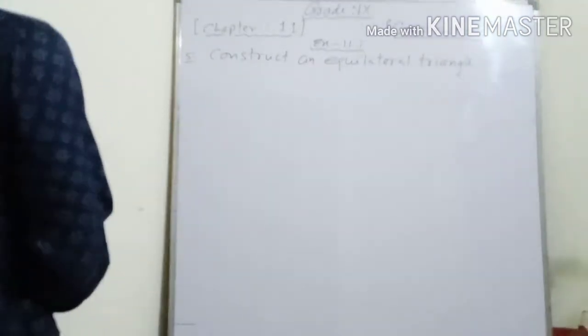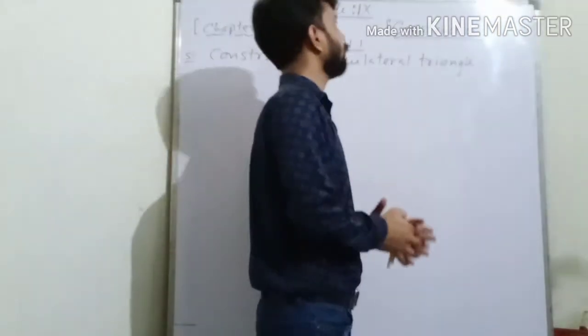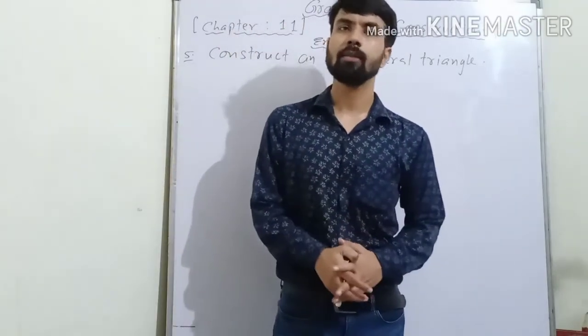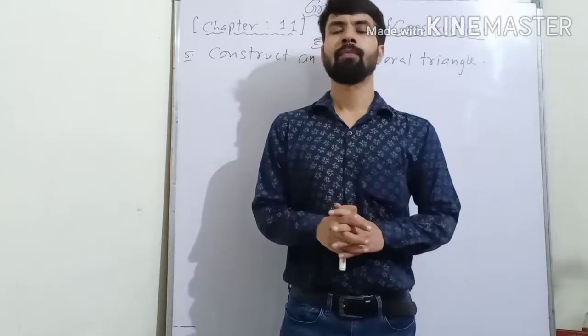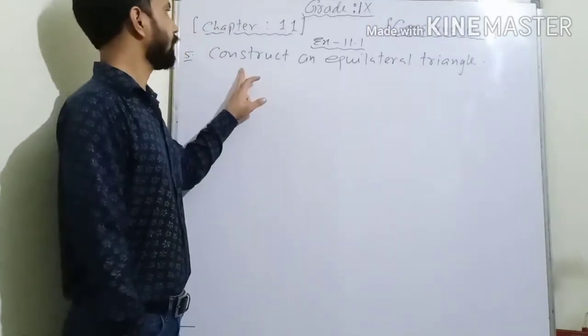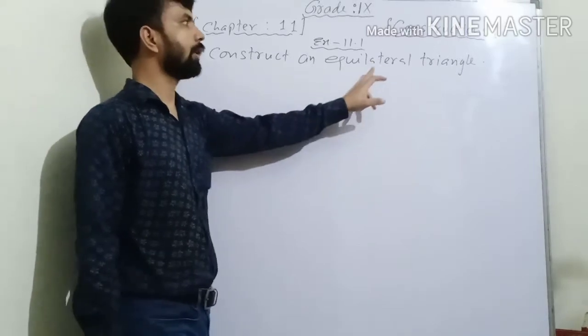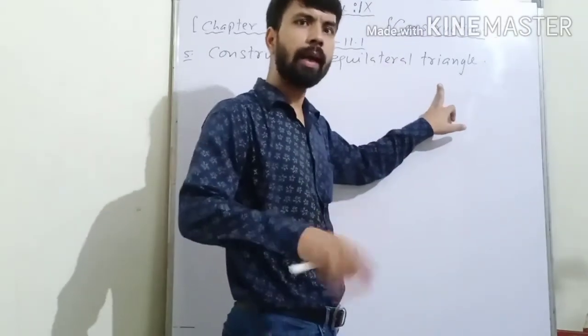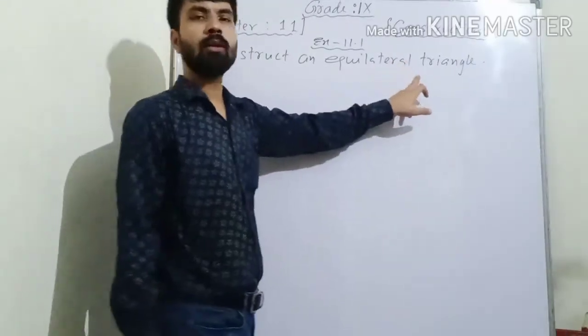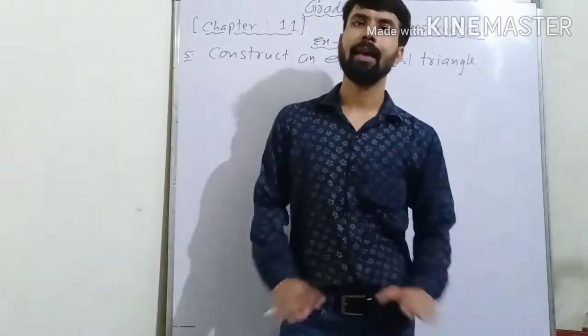Okay students, now the last question of this exercise, the last question of 11.1 is question number 5. And in question number 5, the question is saying construct an equilateral triangle of any length.